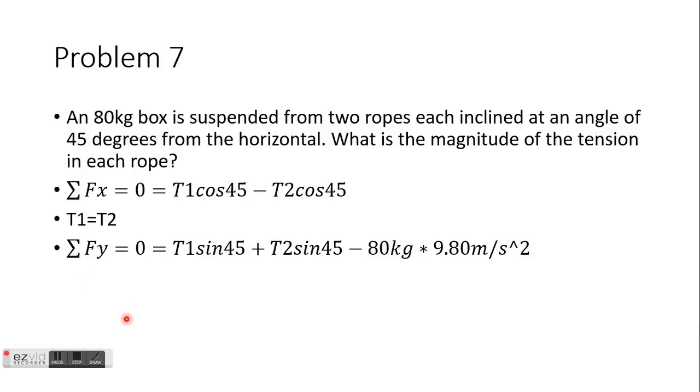So since we know T1 equals T2, it's just 2T sine of 45 degrees is equal to 80 times 9.80, and so the sine of 45 degrees is radical 2 over 2, so it's just radical 2 times the tension is equal to 784 newtons, which is what you get if you multiply 80 by 9.8. Dividing by radical 2, you get that the tension is equal to 554.4 newtons, and so the second tension would be the same.